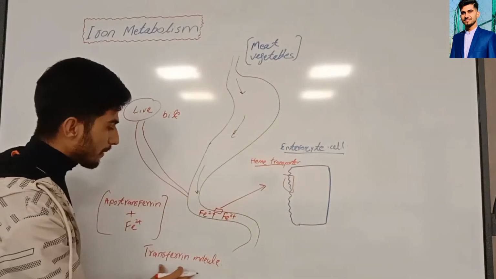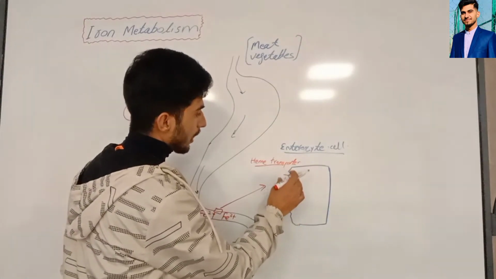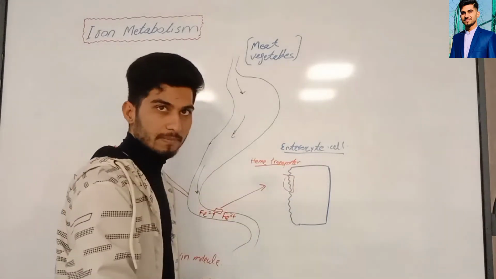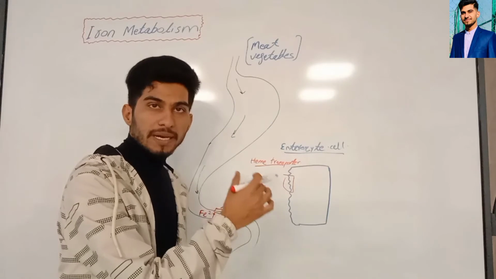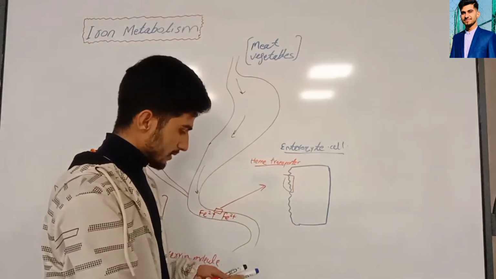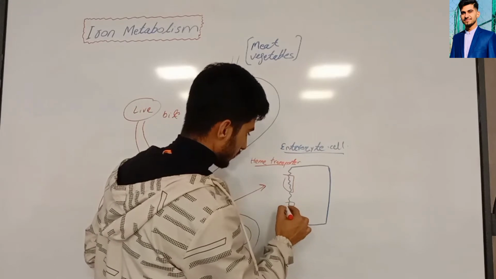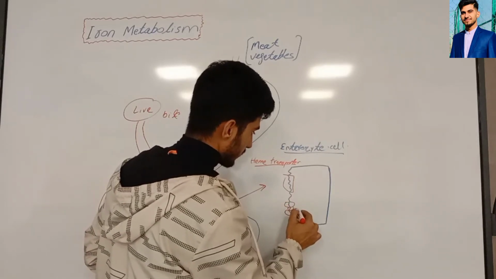This transferrin molecule will be absorbed by the enterocyte through the heme transporter. And also enterocytes contain the divalent metal transporter.